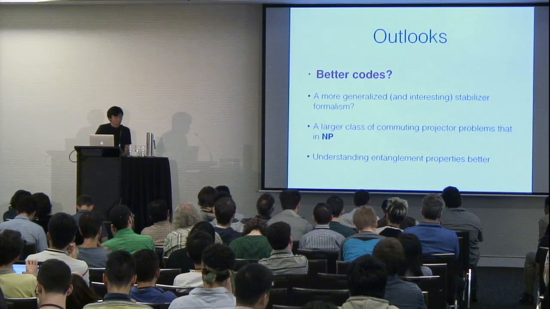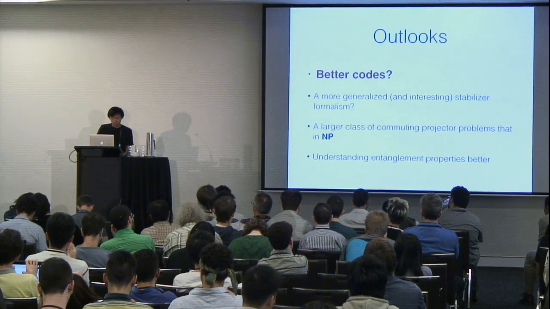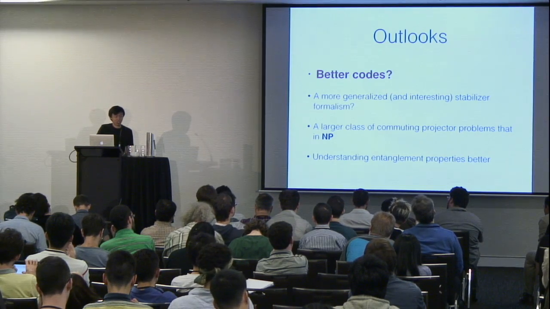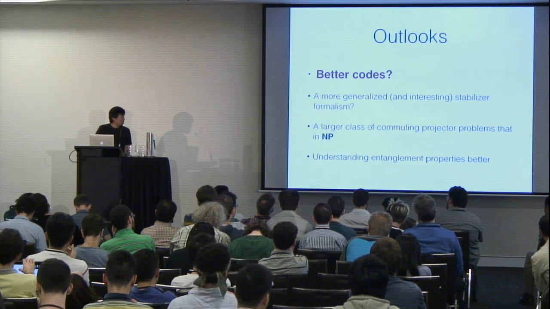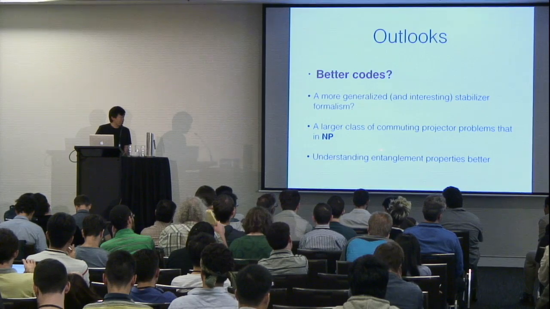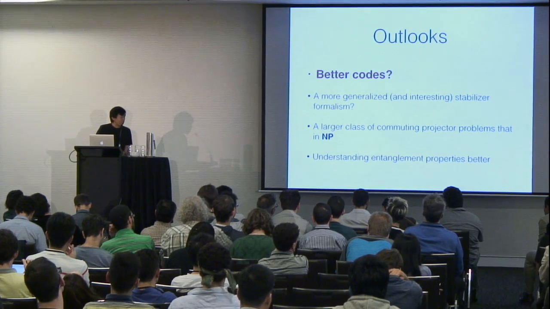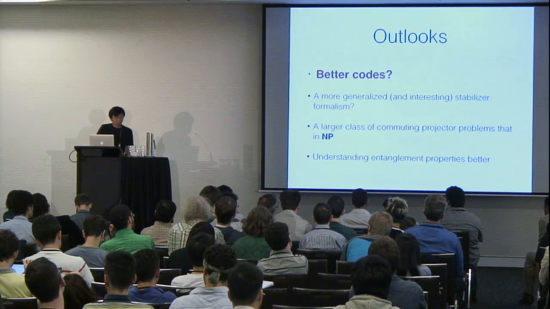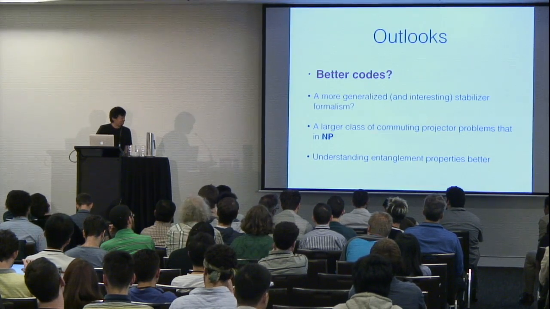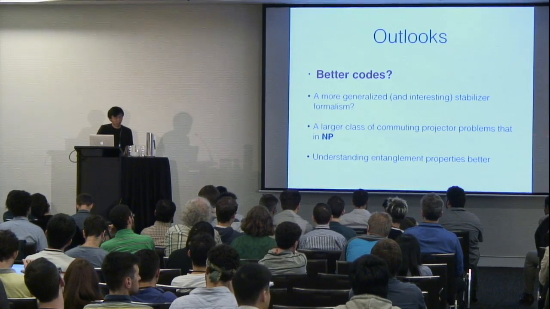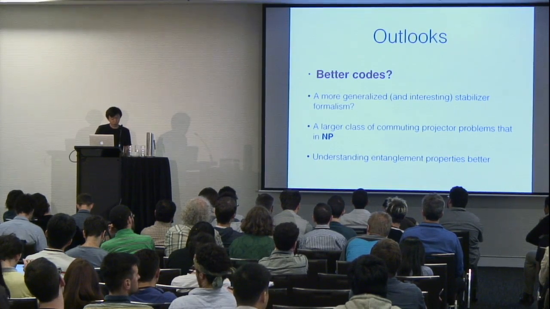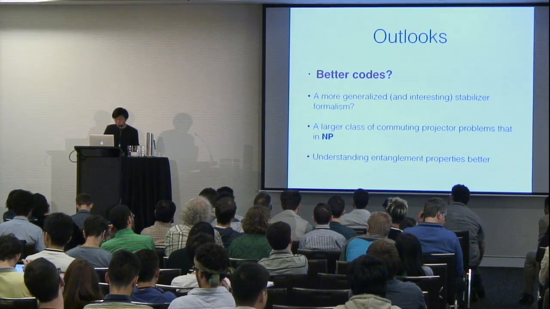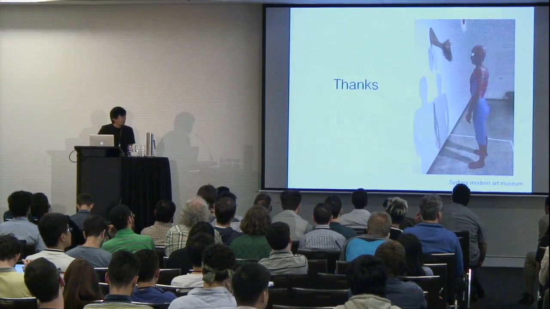And for example, people always say different topological orders correspond to different long range entanglement, and it might be interesting if we can characterize the difference between the entanglement entropy of excess stabilizer and Pauli stabilizer states better. Maybe it would allow us to understand the difference between topological models better. So yeah, thanks for listening.